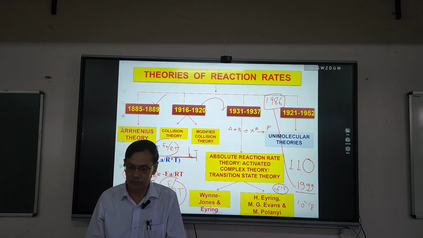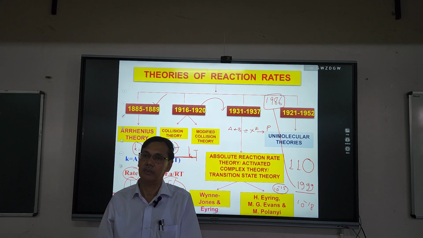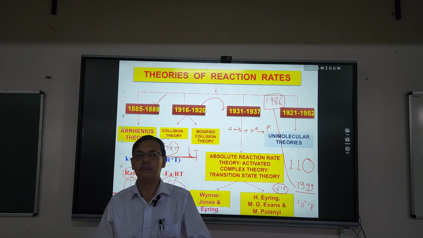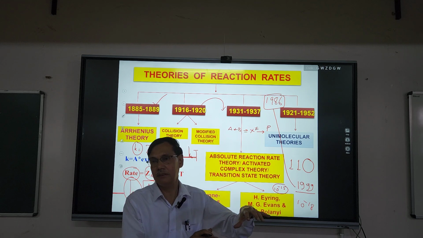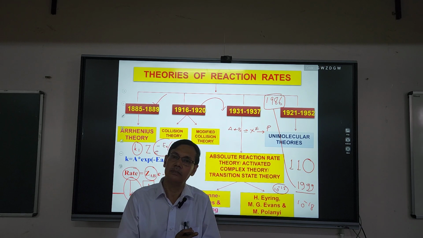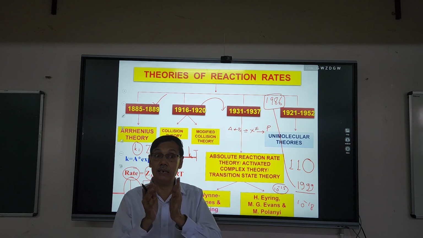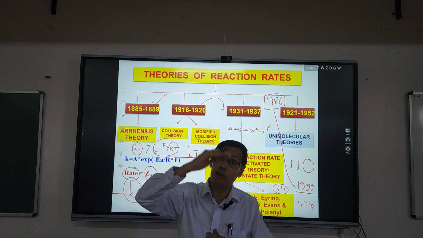You know that if you increase the temperature, the rate of reaction increases. You know that there must be some collisions, and some collisions are effective collisions, and you also know that a fraction of molecules have energy greater than the threshold energy.